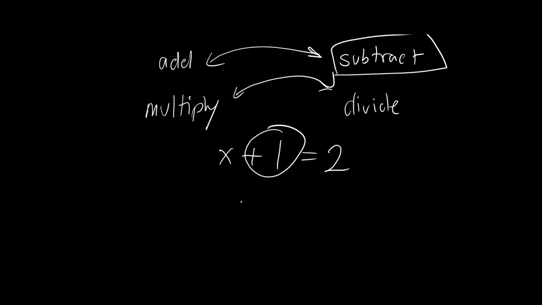Because our answer should be x by itself on one side of the equal sign, equals something. To find out what x is, it'd be very helpful if x was by itself on its own side of the equal sign. So we know that x is equal to whatever's on this side.